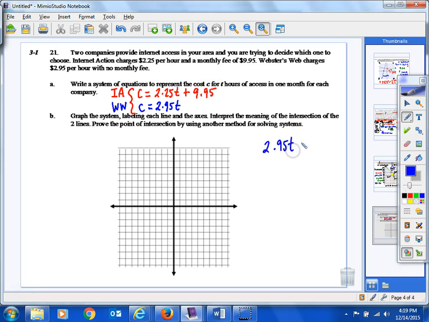So 2.95T is equal to 2.25T plus 9.95. And if you solve for T by subtracting 2.25T from both sides, you get 0.7T equals 9.95.